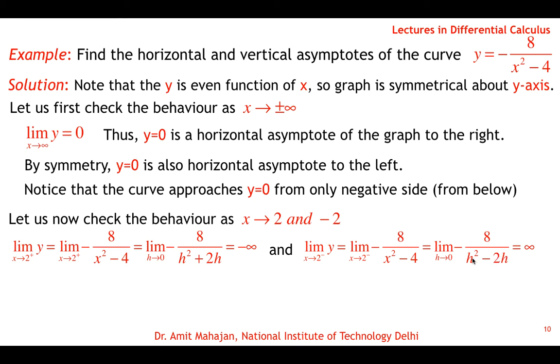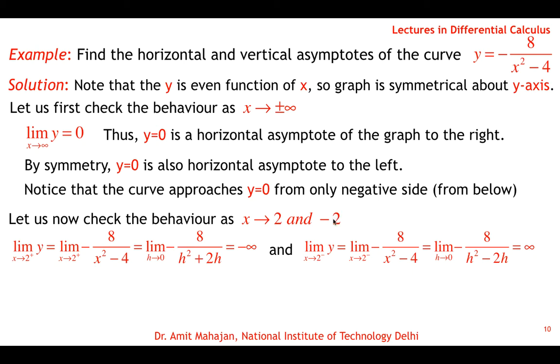So this denominator value will be negative, and this minus sign will cancel out with the minus sign in the denominator, and it will give us a plus infinity value. Okay, so when you approach 2 from the negative side, the function grows to plus infinity.